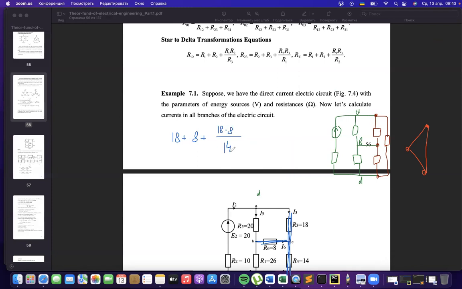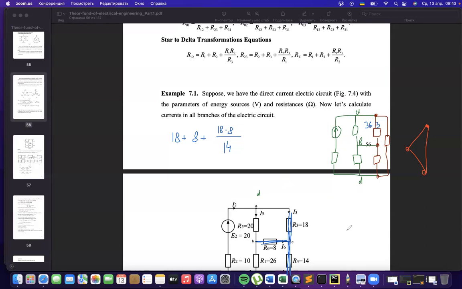Then let's calculate 18 times 8 divided by 14. It will be 10.3 plus 8 plus 18. It will be 36.3. The first resistor between points A and B, because we use 18 and 8, will be 36.3.